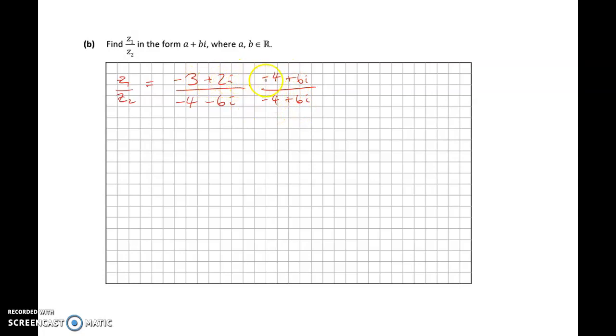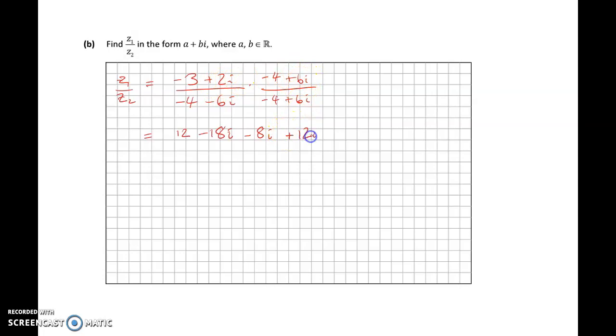So I'm now going to multiply out the numerators and get it simplified, and likewise I'm going to take the denominators and multiply it out and simplify it. So minus 3 times minus 4, minus 3 times 6i. We've got 2i times minus 4. And lastly, we have 2i multiplied by 6i.